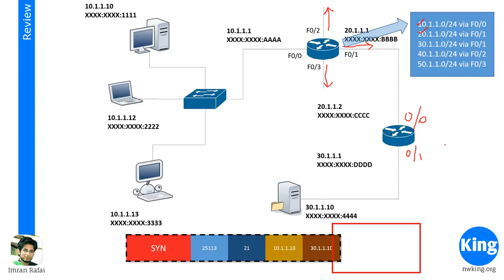So this device says my 0/0 is connected to the 20 network, and my 0/1 is connected to the 30 network, right? It knows nothing else, and this device by default knows nothing else. It knows only these two pieces of information. And if 0/3 and 0/2 are connected to 40 and 50, let's say it knows these two, but it doesn't know anything about the 30 network.